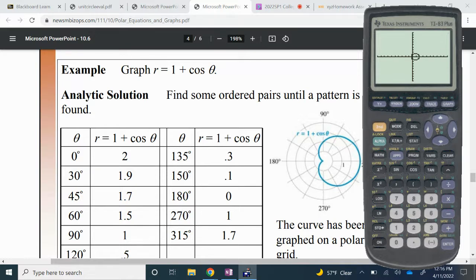Notice the graph looks like that. I can use zoom decimal, and I get a better look at the graph, and it looks like what I'm seeing on the slide. I can also hit zoom and 0, which is zoom fit.